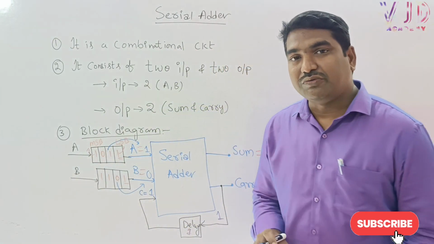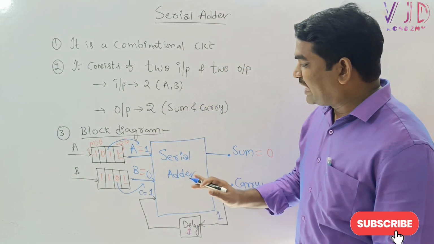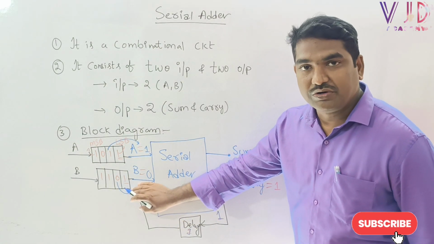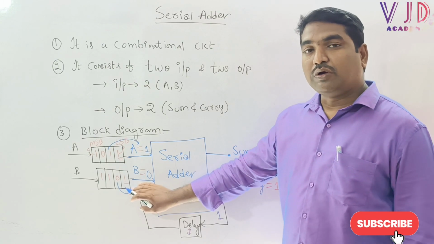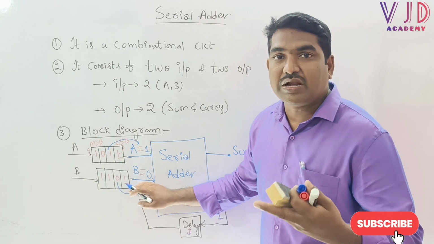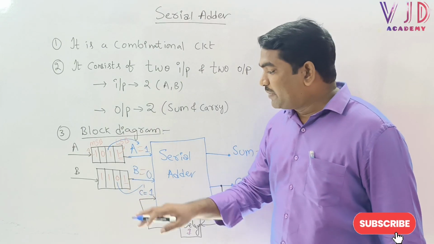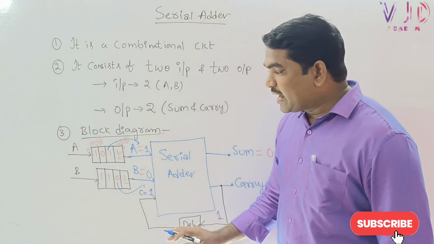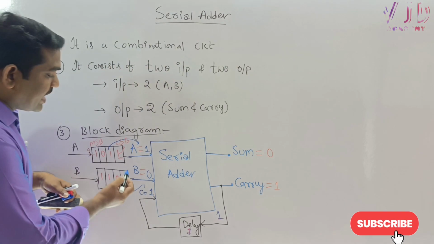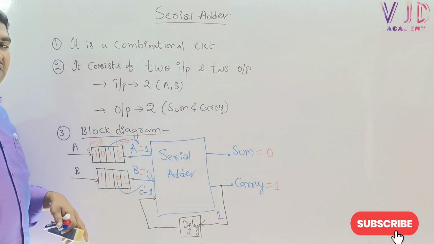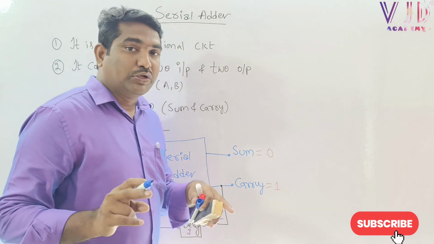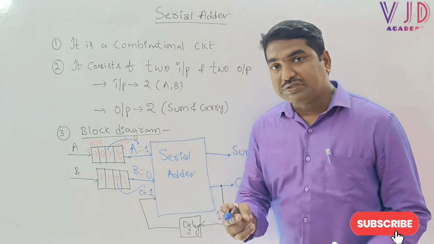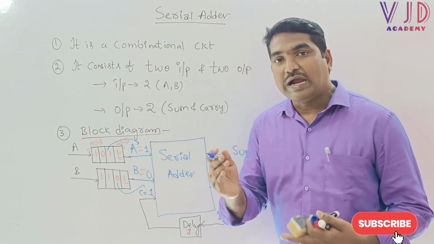Please try to understand one point. In the first addition, we are just adding two bits, A and B. To add two bits, we use just a half adder. In the second addition, the carry is applied as an input: A equal to 1, B equal to 0, and C equal to 1, which means for two inputs we use a half adder, and for three inputs we need to use a full adder.